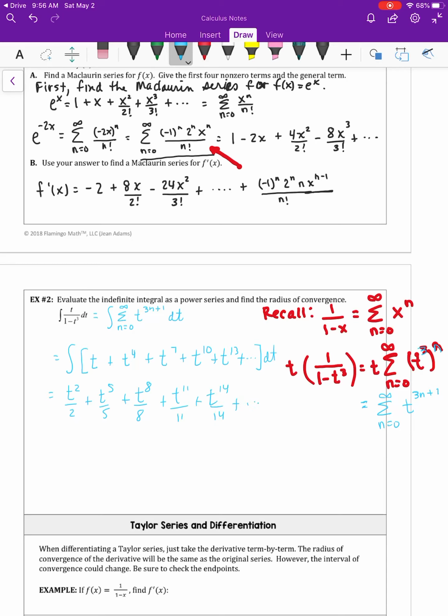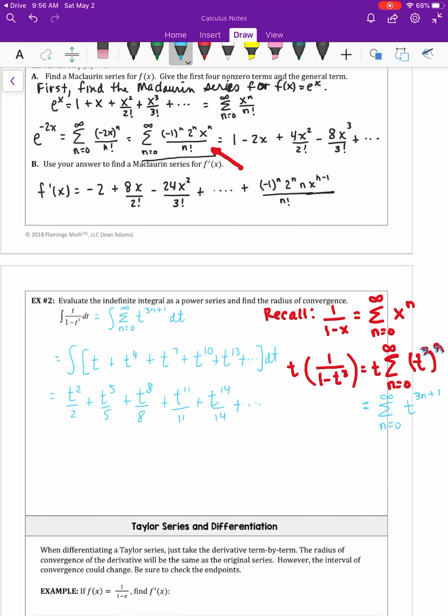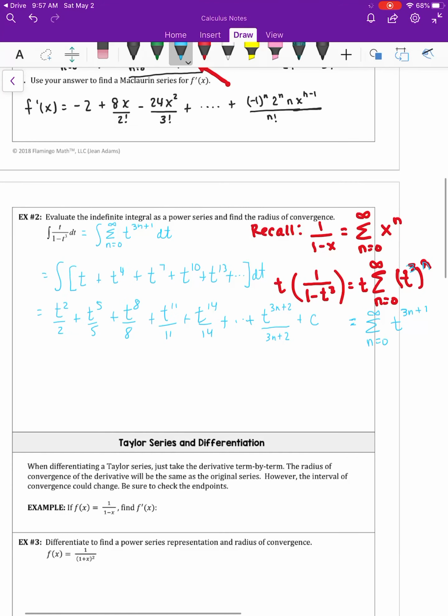t squared over 2 plus t to the 5th over 5 plus t to the 8th over 8 plus t to the 11th over 11 plus t to the 14th over 14 plus ... And then let's go ahead and put that last one on, because if I took the integral of t to the 3n plus 1, this is going to be t to the 3n plus 2 divided by 3n plus 2 plus some constant.